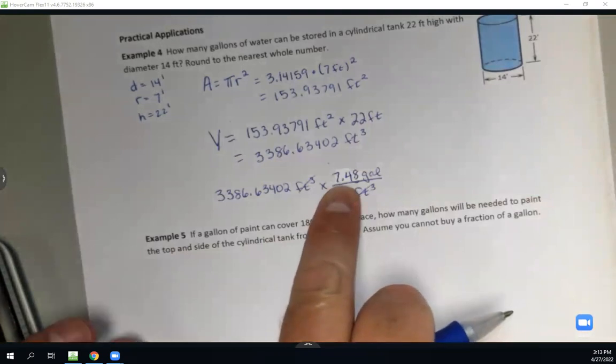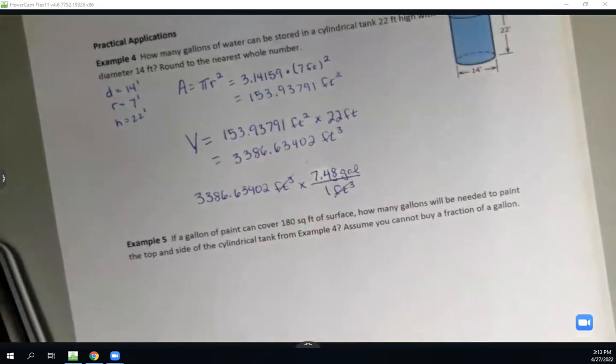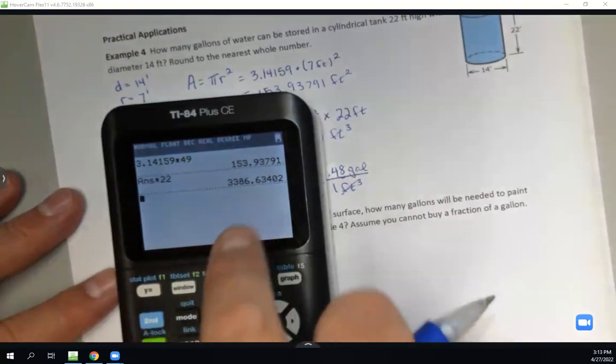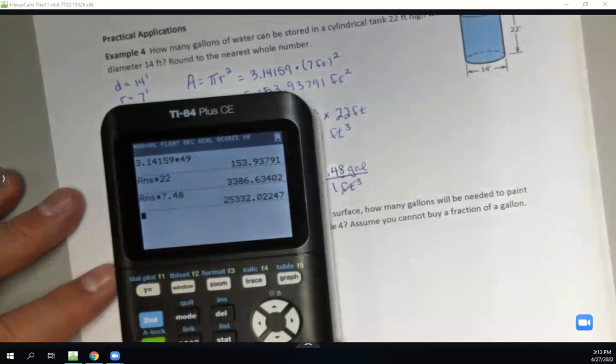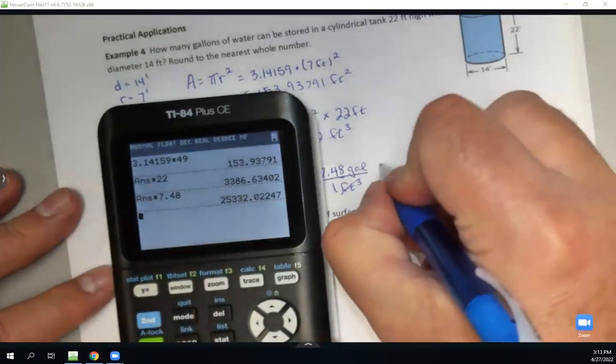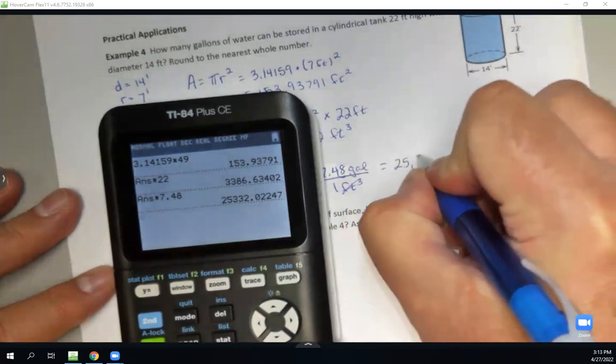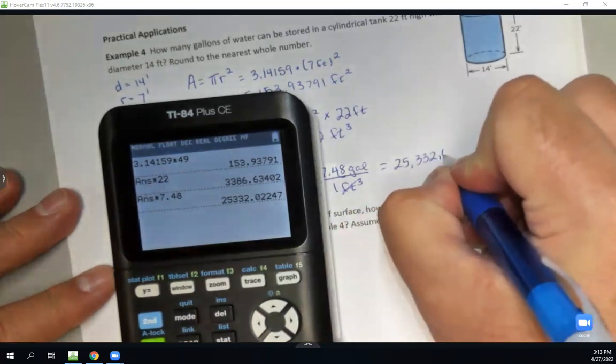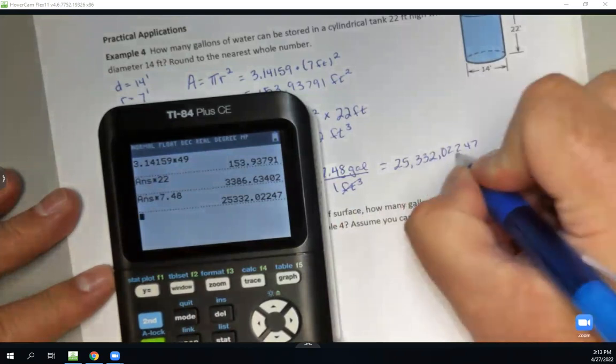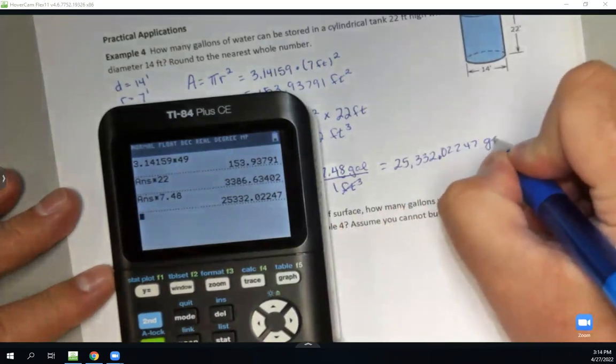And so I just need to multiply by 7.48. So this number times 7.48 is equal to 25,332.02247 gallons.